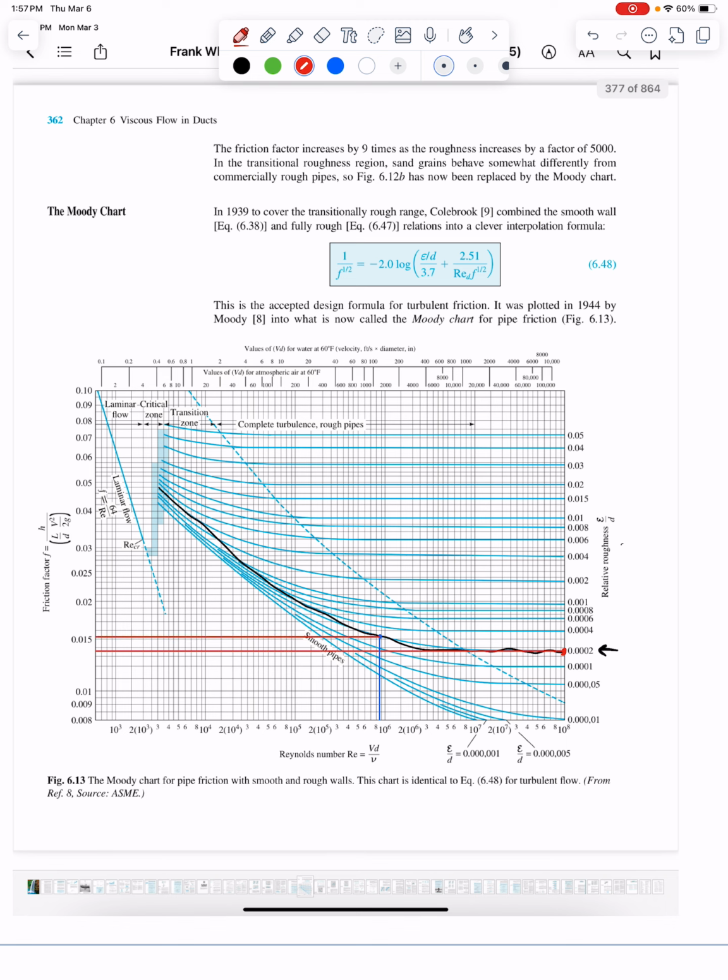Or did I mess this up? Yeah, sorry, 1 second. 87,000 is over here. Which gives me a friction value somewhere around here. So one way you can solve this problem is just looking at this chart.